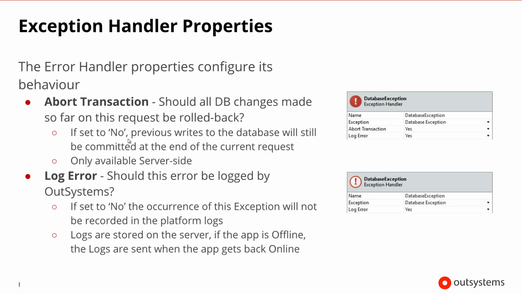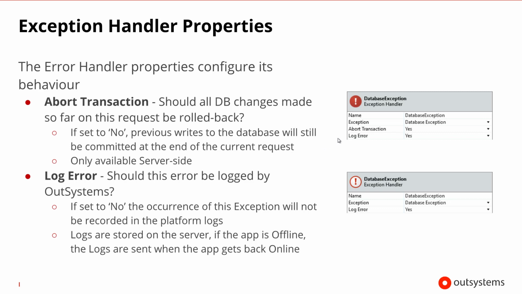If this is set to no, then that means that all the previous writes to the database still get committed. But if abort transaction is set to yes, then it will go ahead and roll back all of the database interactions up to that point. Now this is only available on the server side because on the client side it's not going to worry about or respect the transactions in the same way.